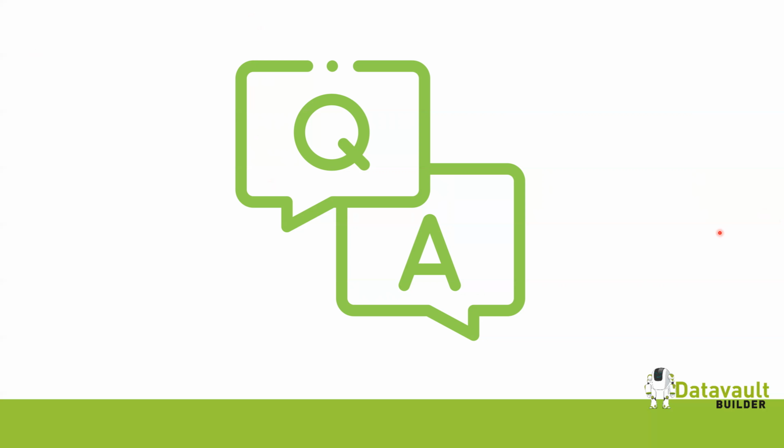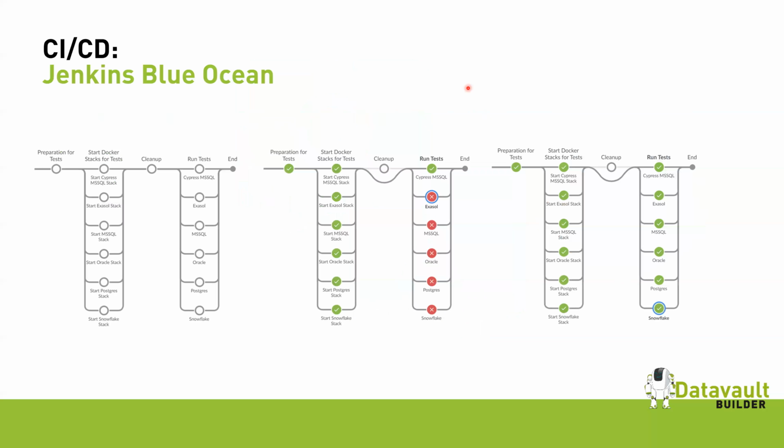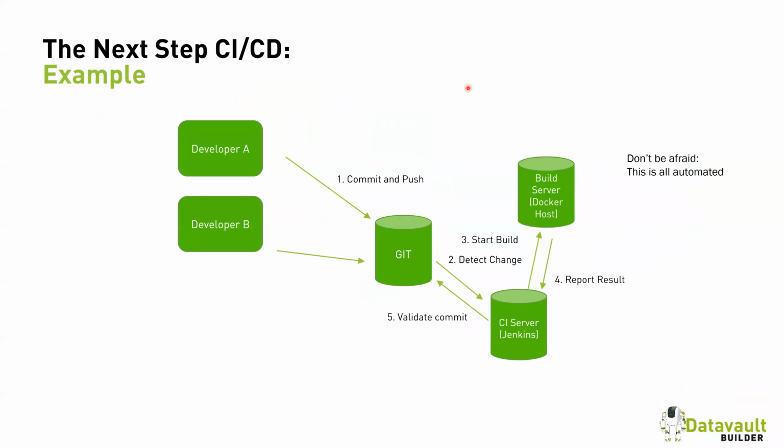Okay, how did we set up the automated deployment? That's a good question, because that's something that we do, but we need to document better, and we will do that. And that's exactly why we're starting with this webinar here to explain. The high-level explanation is we are using a CI server where we use Jenkins.